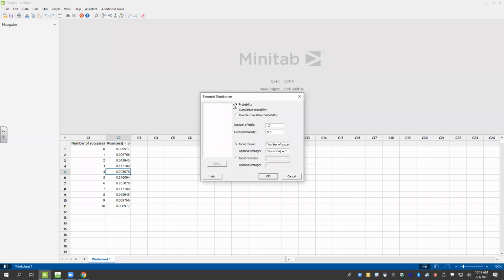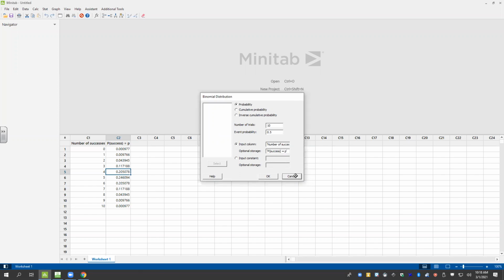You want just plain probability. So click the button next to probability. Tell it the number of trials, which was 10, because you had 10 questions. Probability you got it correct, we decided was 0.5. Your input column is where your successes are located. That's C1. And then we're going to store in C2. And then click OK. You good, Nick? Yep, thank you.